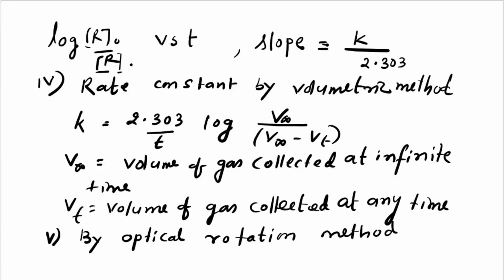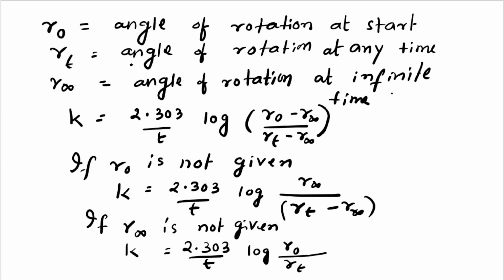Another very important method is the optical rotation method. Here, what data should you know? R0 is the angle of rotation at the start, at time 0. Rt is the angle of rotation at any time.